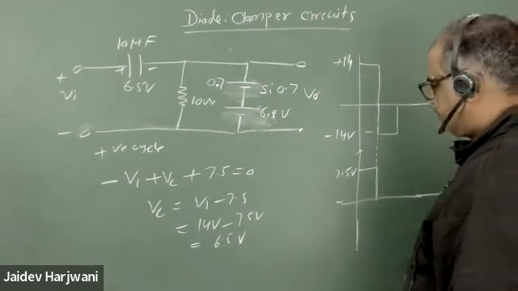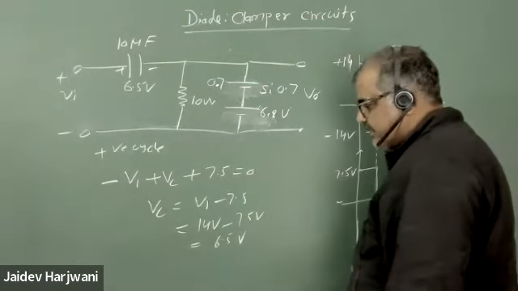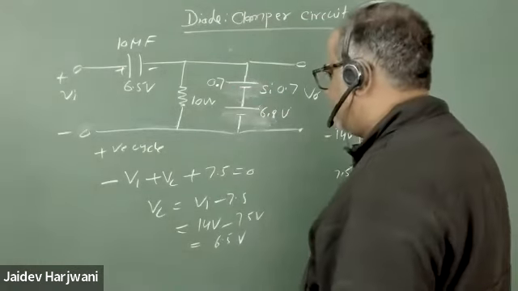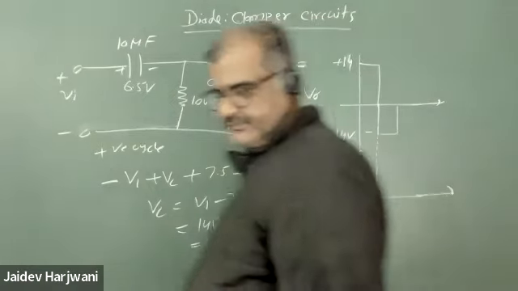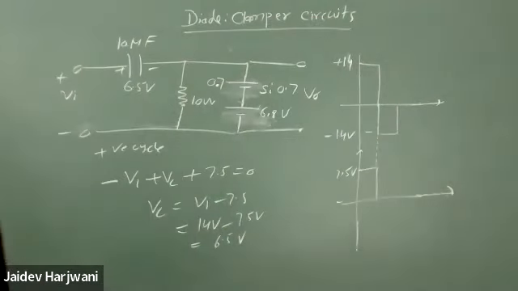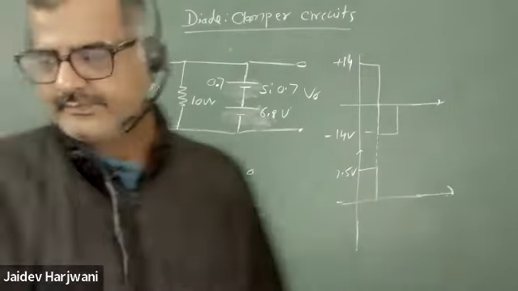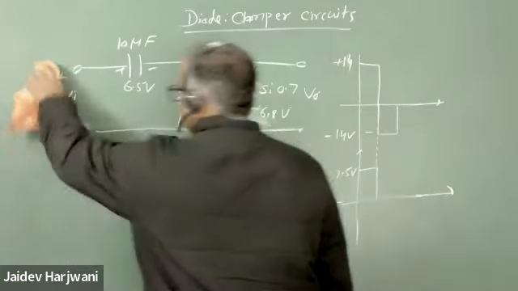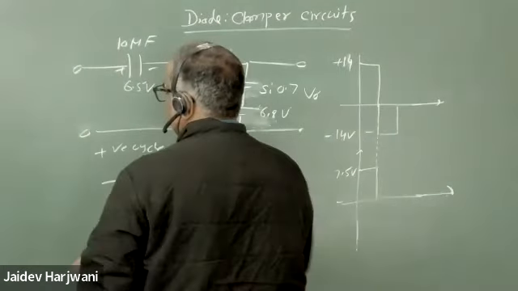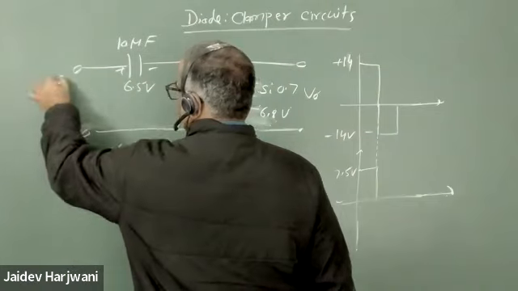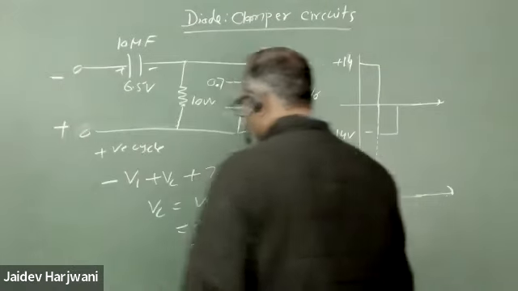Now what happens in reverse bias? Tell me, what happens in reverse bias? In reverse bias, the diode will act as an open circuit. Complete voltage will appear across it. So reverse bias means this is my minus, plus.